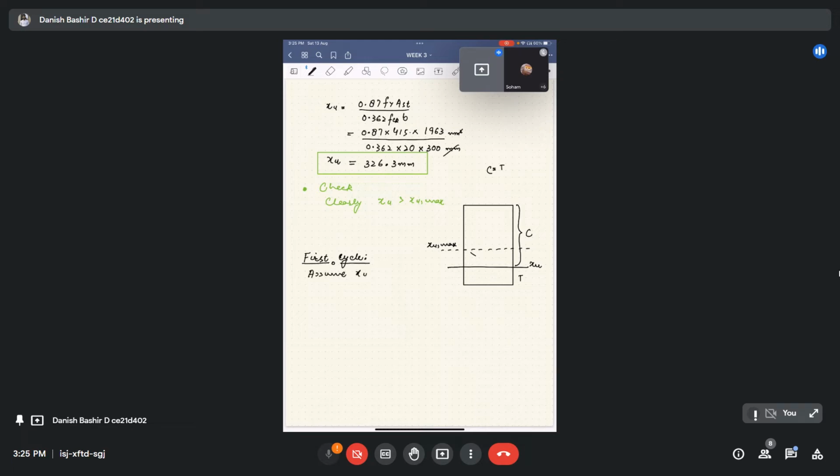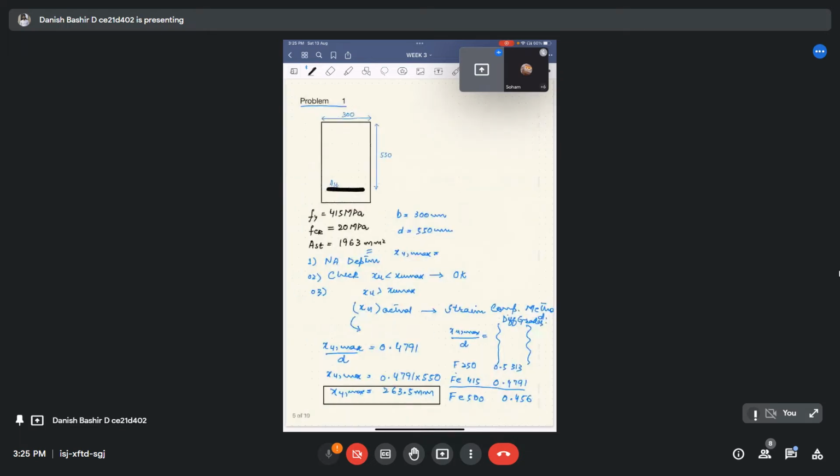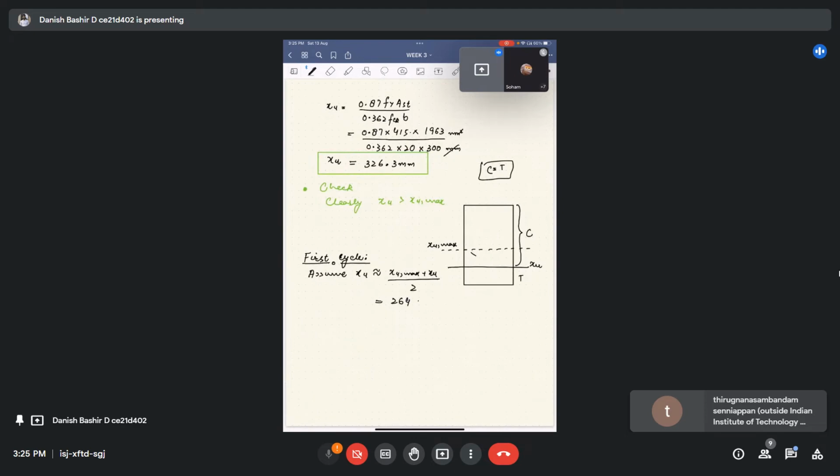We will assume XU approximately as an average value of XU max and what we got from the equation C equals T. That is XU max, which was approximately 264, plus XU 326.3, divided by 2. When we calculate this, it comes out to be 295 mm.